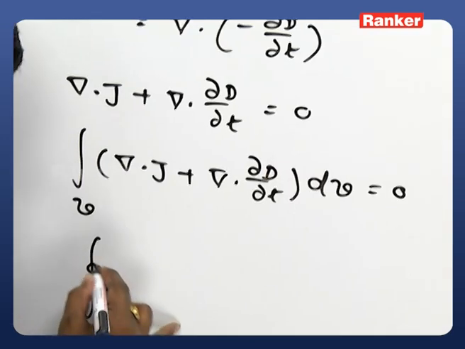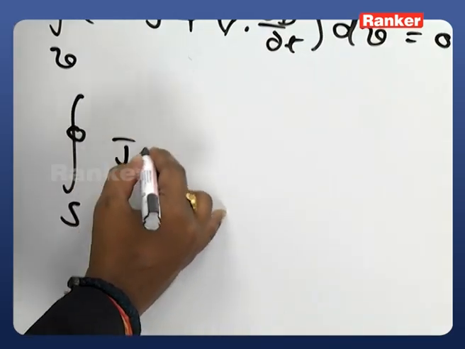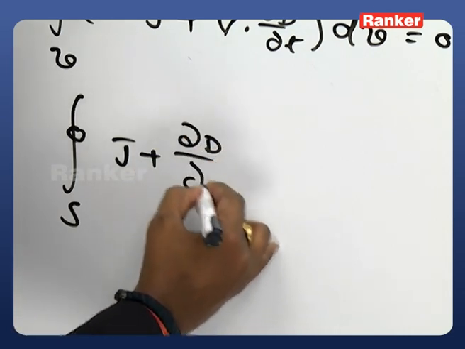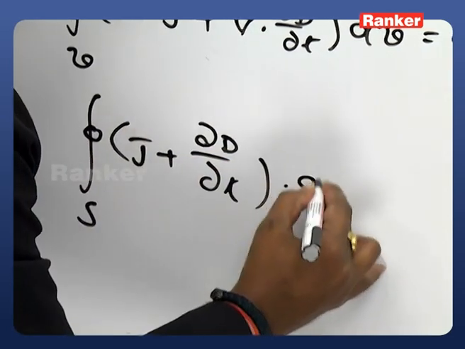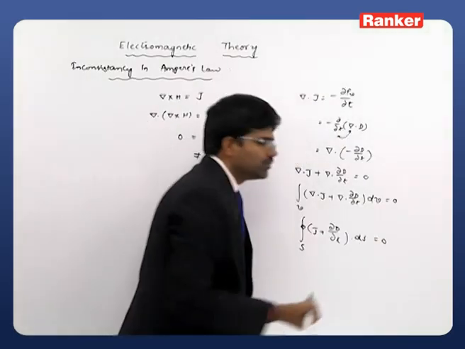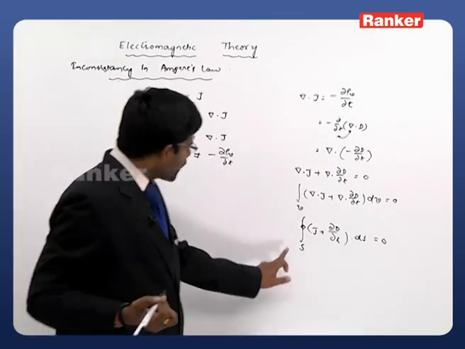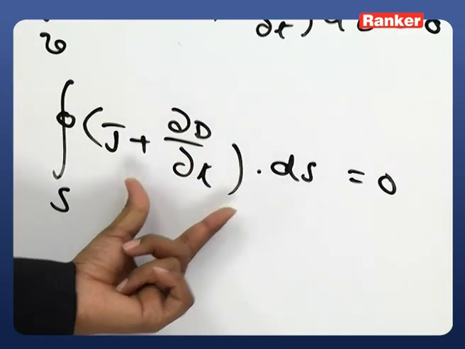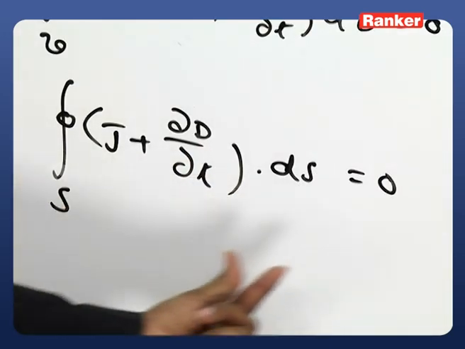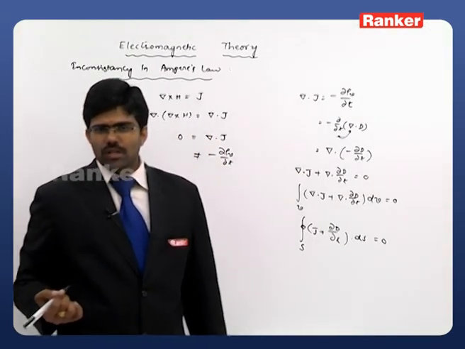It can be written as the closed surface integral of J plus dou D by dou t dot ds is equal to 0. Just observe what we are calculating here: some parameter with respect to a closed surface, and we are getting that it must be equal to 0.